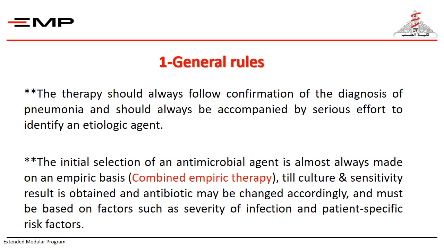But the initial selection of the antimicrobial agent is almost always made on an empirical base, combined empiric therapy, till the result of culture and sensitivity is obtained, and antibiotic may be changed accordingly after the culture and sensitivity results are obtained, and must be based on factors such as severity of infection and patient-specific risk factors.